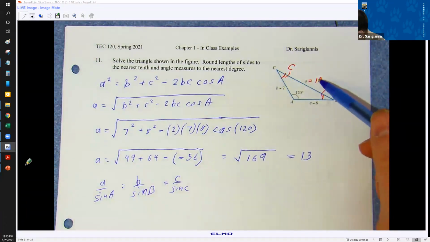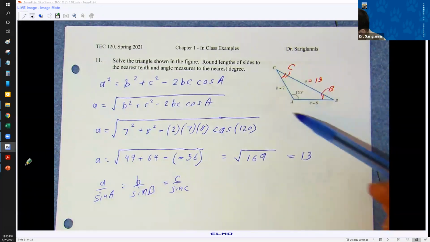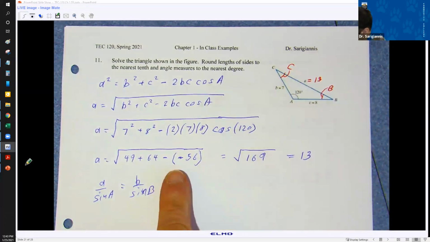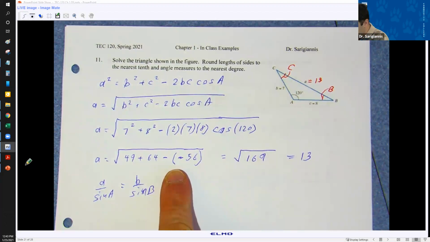We know little a and big A. We know all the sides, so we can just work out their angles, right? So we can figure out the sine of the angle and just take the inverse sine, right? So sine of B is just B over A times sine A, right?